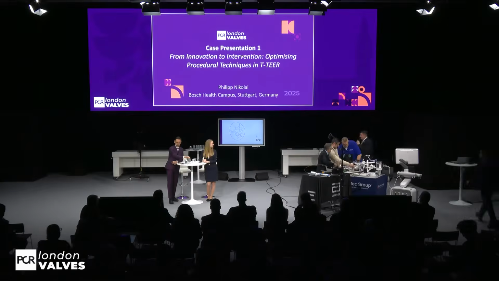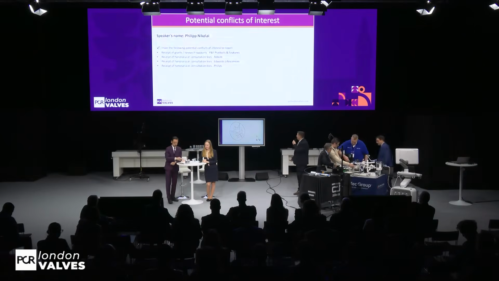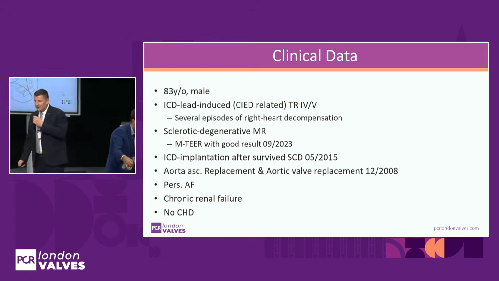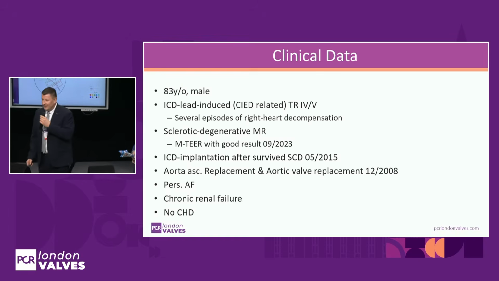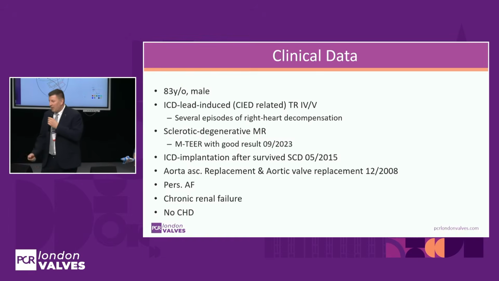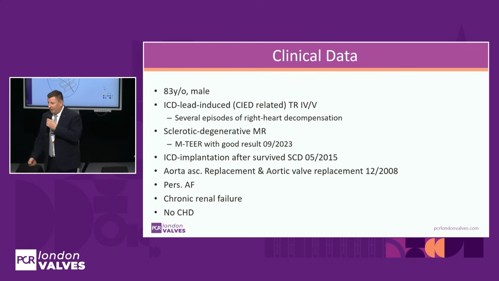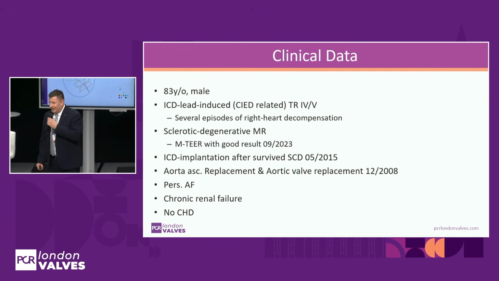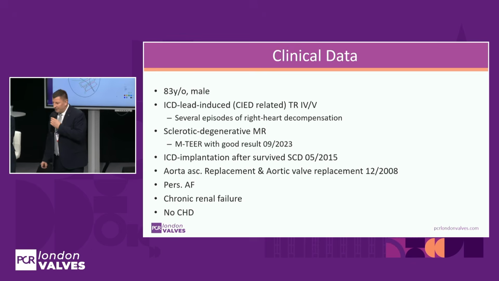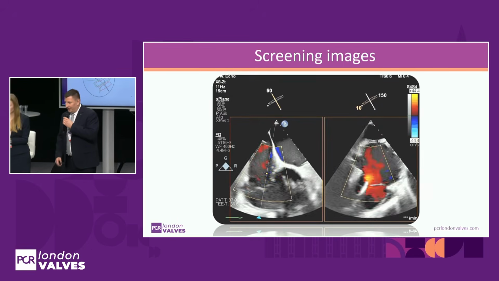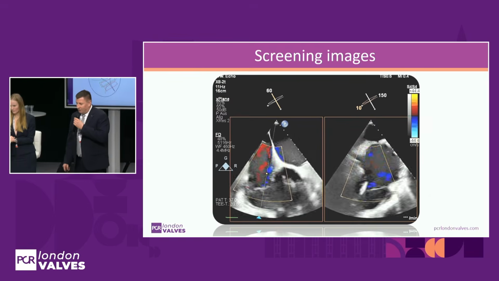Yeah, thank you so much. I want to show you a case of an 83-year-old male with an ICD lead induced TR, not torrential but massive. The patient underwent an M-TEER with a good result, had an aortic root replacement and an aortic valve replacement, so really a patient at high operational risk.